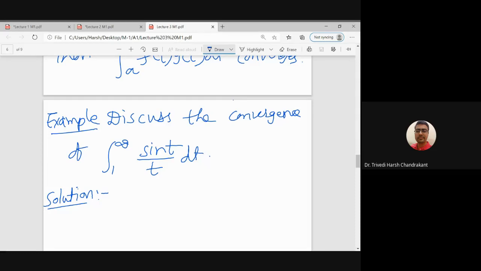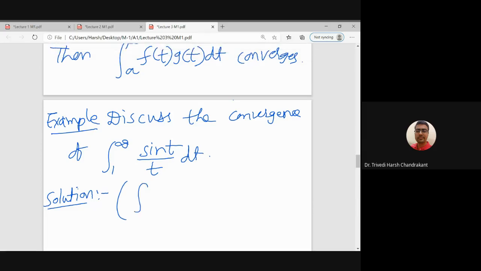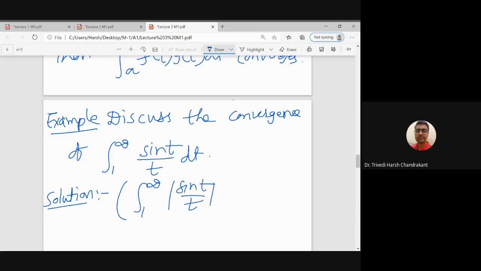What about the absolute convergence? If we take absolute convergence, then the integral from 1 to infinity of mod sin t by t, which we can compare with the integral of 1 upon t dt, right?